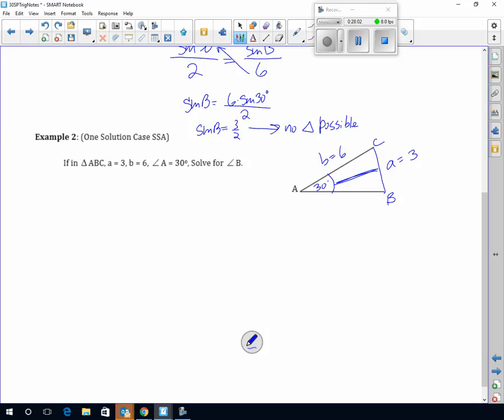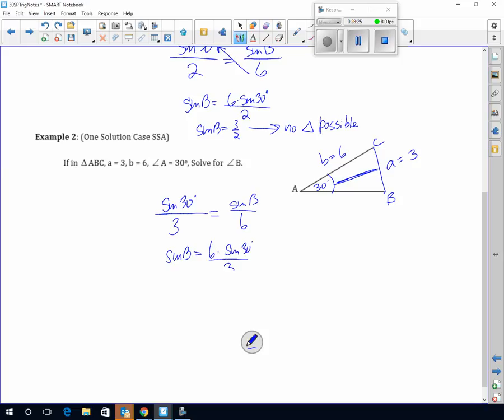Sine of 30 degrees over 3 is equal to sine of B over 6. Do a quick cross multiply. Sine of B is equal to 6 times sine of 30 degrees over 3.